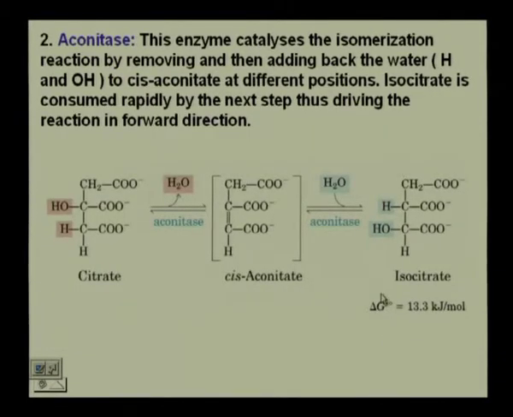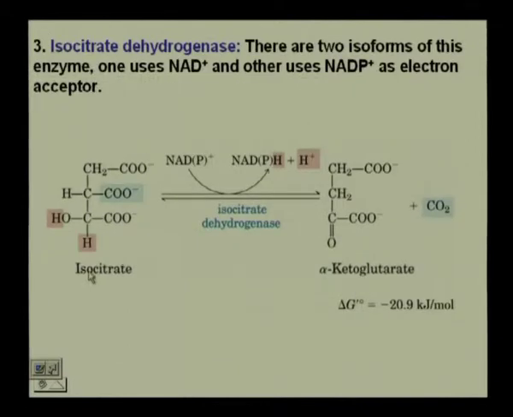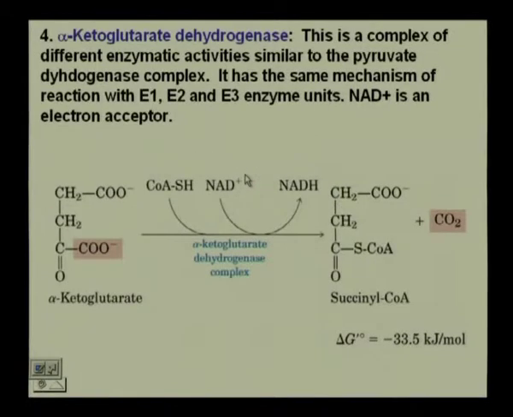In step number 2 we still do not have NADH formed, we have just an isomerase reaction going to isocitrate. In step 3 we have lost CO2 and produced 1 NADH. So, we keep track of that. We have formed 1 NADH.